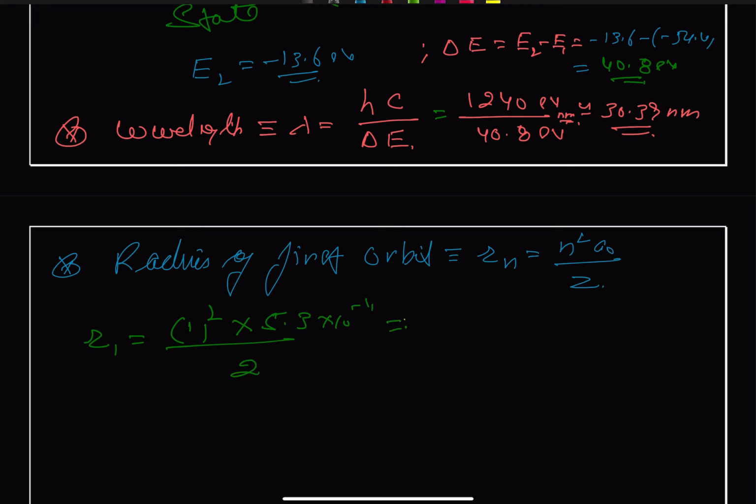So this gives us that the radius of the first orbit is 2.65 into 10 to the power minus 11 meters.